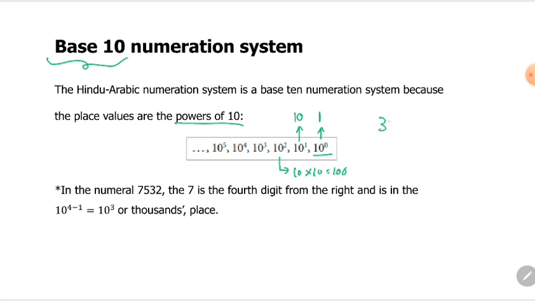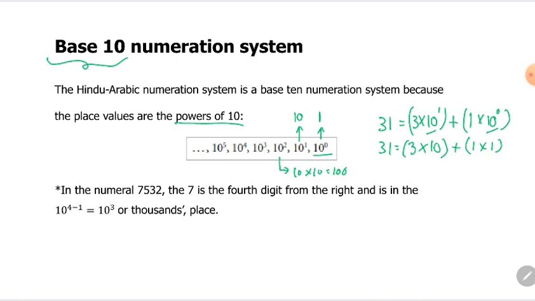This means that in 31, the digit in the ones place value, you would have to multiply by 10 raised to the 0, and then the digit in the tens place value, you have to multiply by 10 raised to the 1. Okay, or simply 3 tens and 1 ones. This is the expanded form of 31.